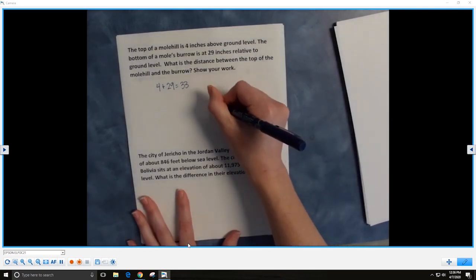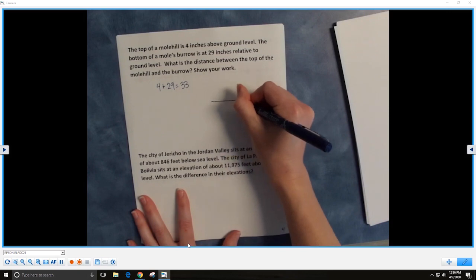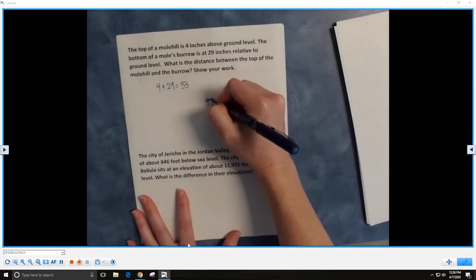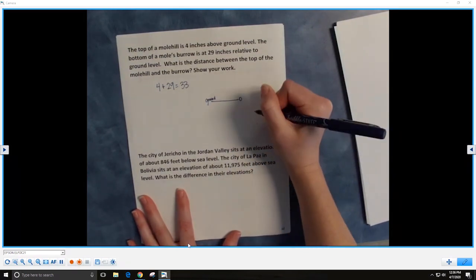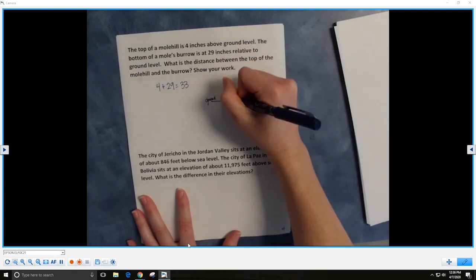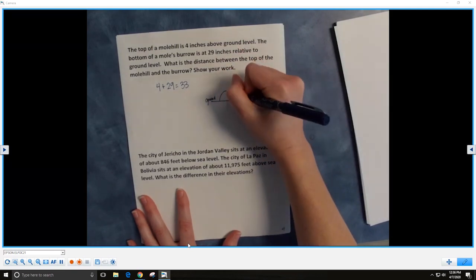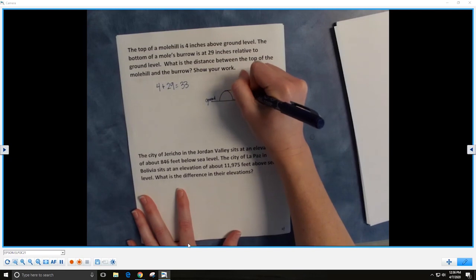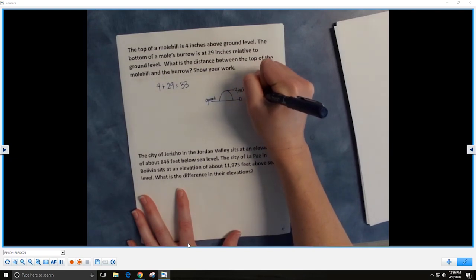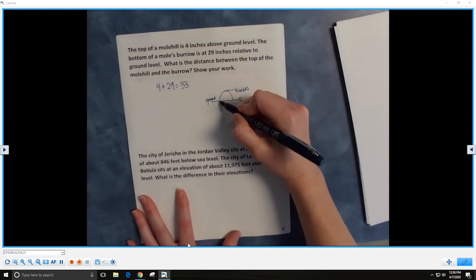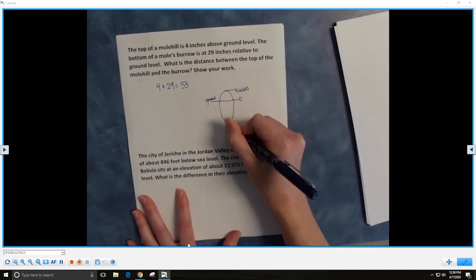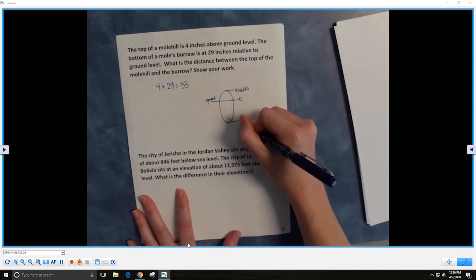So if you need a visual to go with that, if we think of the ground level as 0, we can think of the top of the molehill as 4 inches above, and the bottom of the burrow as 29 inches below.